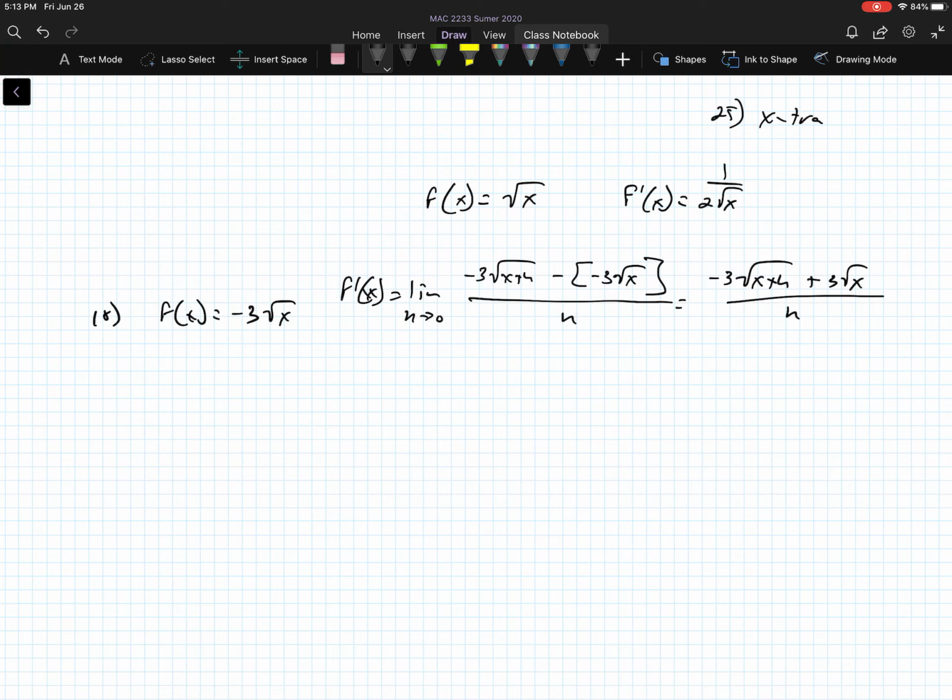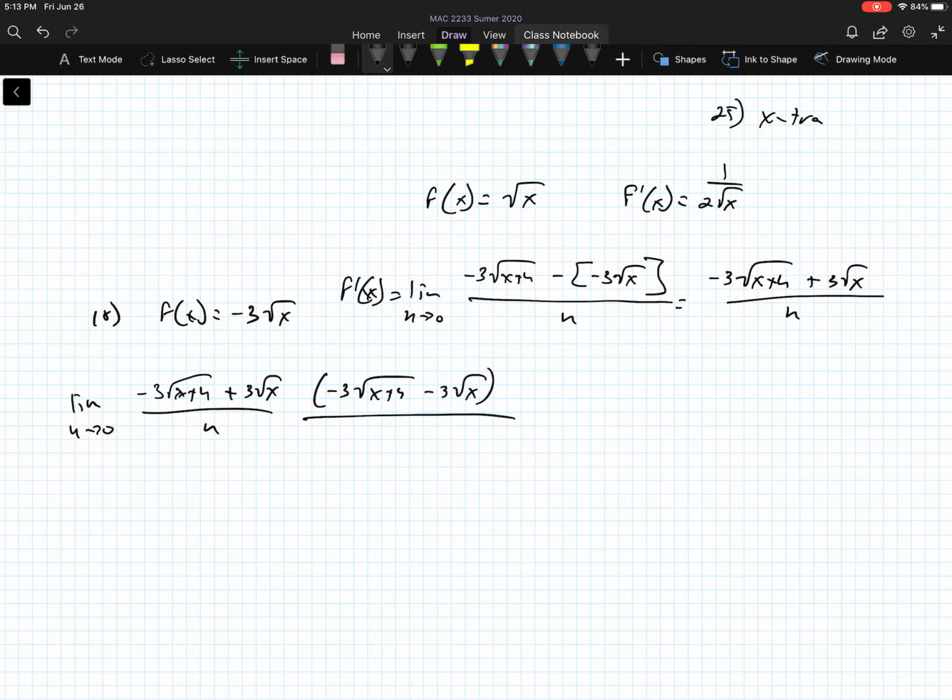Now, if I multiply by the conjugate, which will be minus, so it's going to be negative 3 square root of x plus h minus 3 square root of x over negative 3 square root of x plus h minus 3 square root of x.